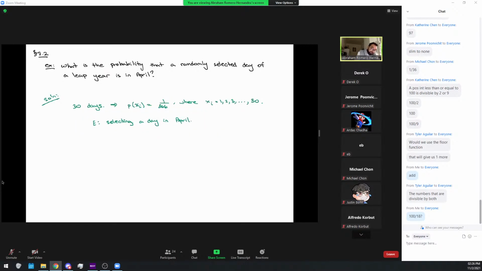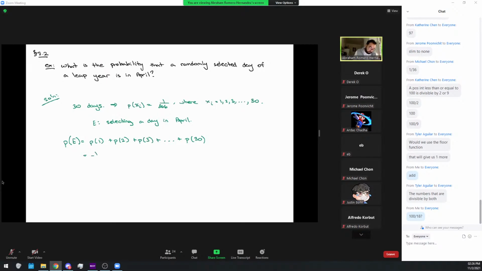Now we could look at P of E as the probability of 1 plus the probability of 2 plus the probability of 3, all the way to the probability of 30, where those numbers represent the days: first day, second day, third day, all the way to the 30th day.